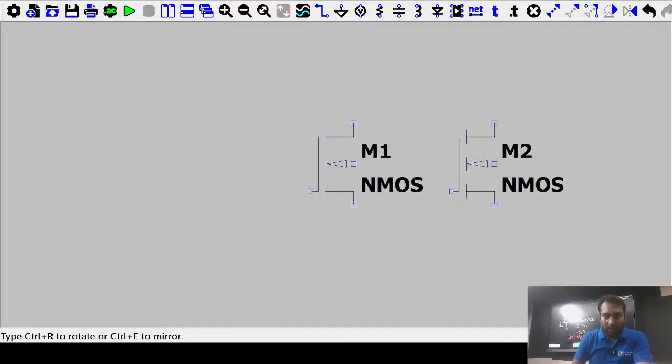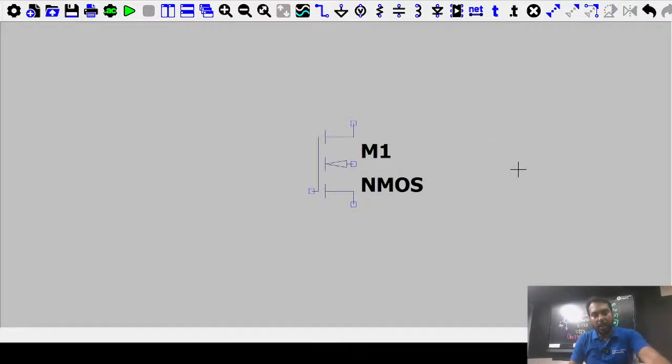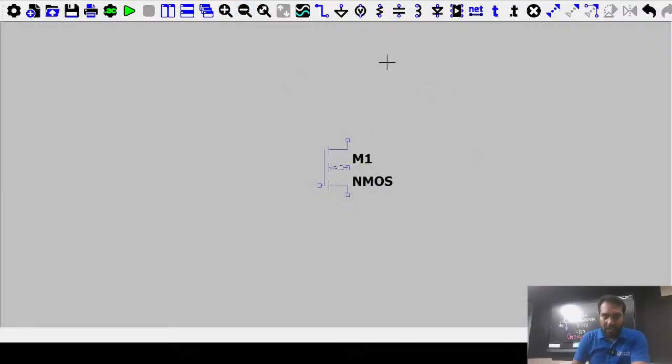Just place that MOSFET and press Escape, and the mouse will release that symbol. Then you have a resistance. I am making that a smaller one and zooming out, and I am using a resistance here.